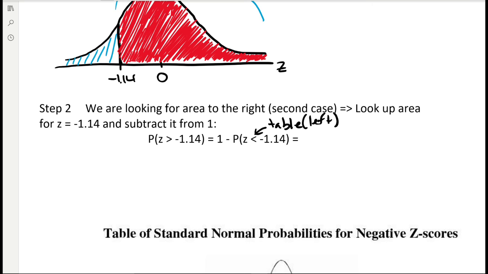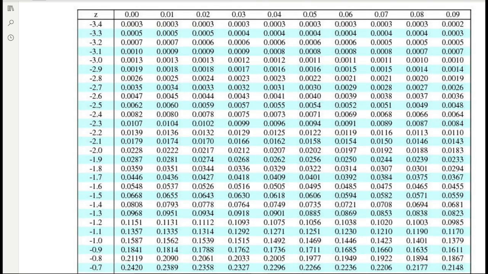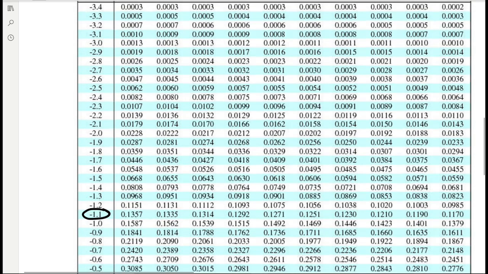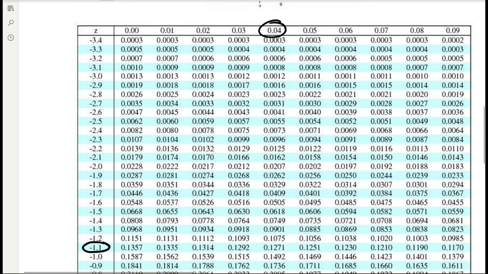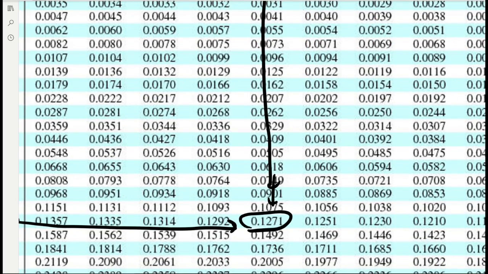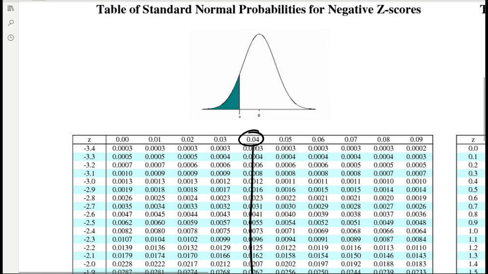So we're going to go ahead and look up the value of negative 1.14. So we have negative 1.14. And so we go ahead and trace those values, find out where they intersect, and we get the area 0.1271. So now that's only giving us the area to the left. So if we want the area to the right, we've got to do 1 minus that area, right?